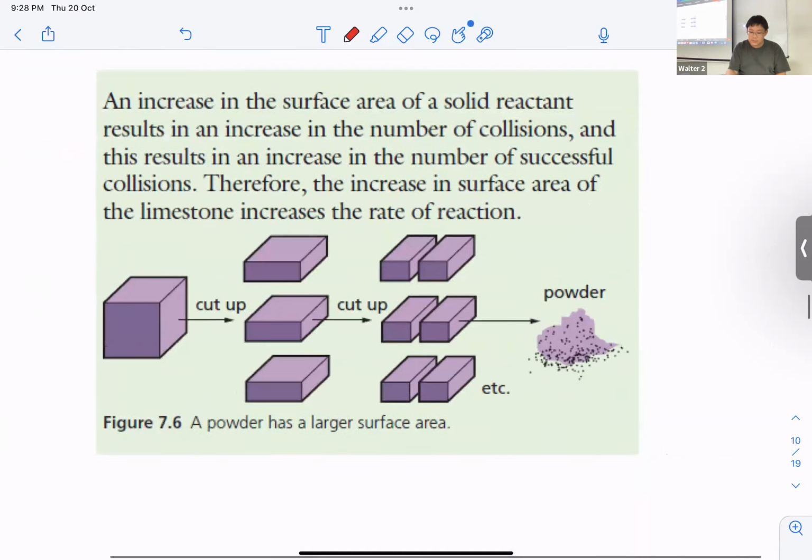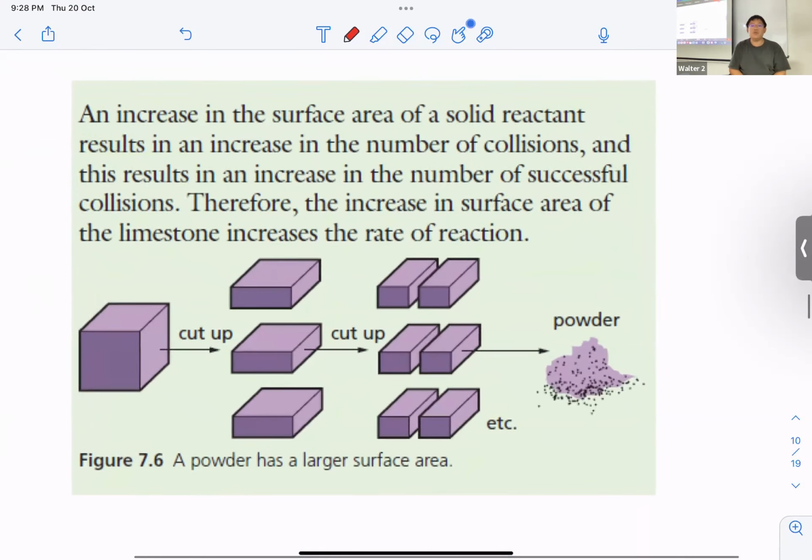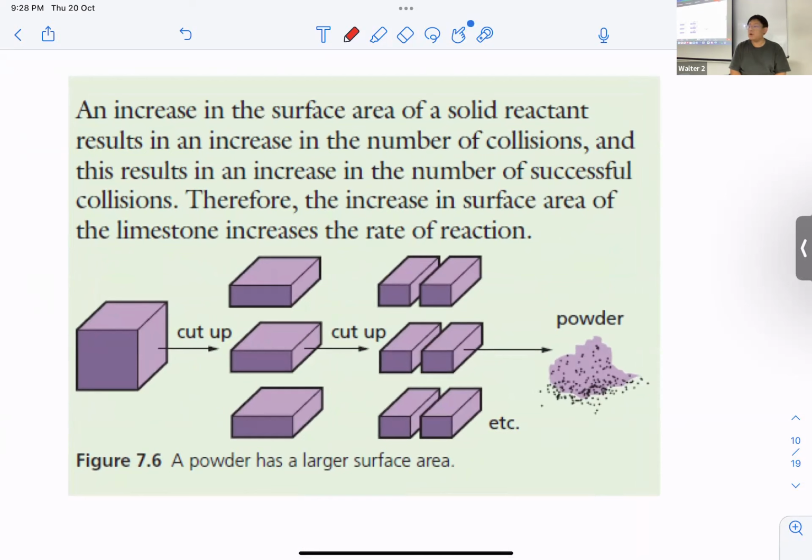So this illustration here will explain to you how this actually works. Imagine you have a chunk of limestone. The acid can only react with the surface area that's exposed, right? So for example, if you assume that it is a cube shape, you ask yourself, how many surfaces does a cube have? 6 surfaces, correct?